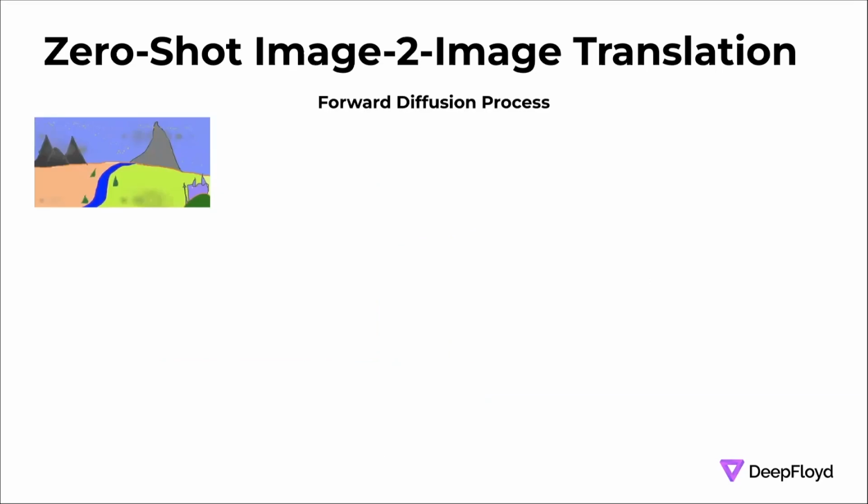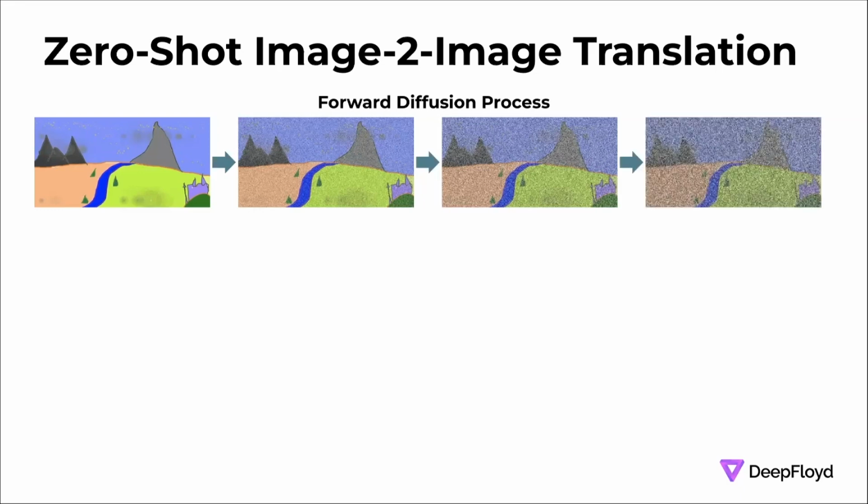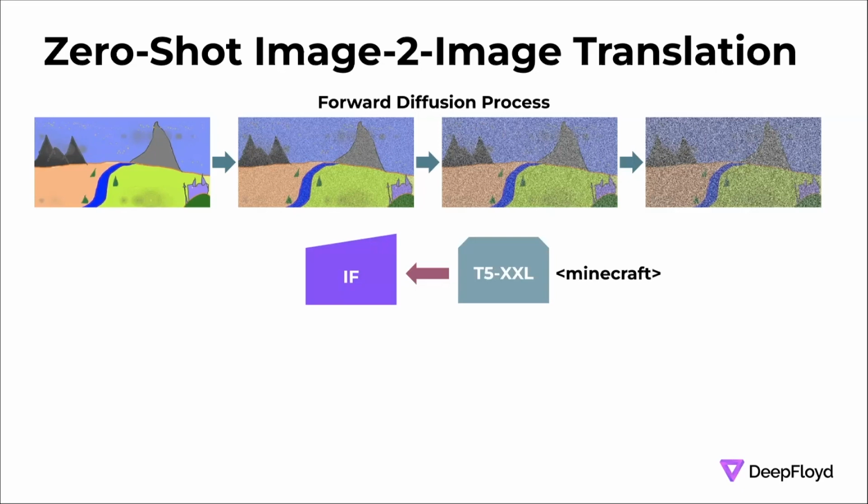We can use the forward diffusion process, where we infuse noise into our initial image in several steps, and then we can stop at some point so that it's not complete noise. Yes, so we can see that some geometry of the image is preserved. And from this step, we can put in our text prompt, for instance, Minecraft.